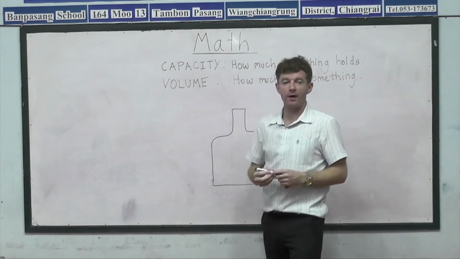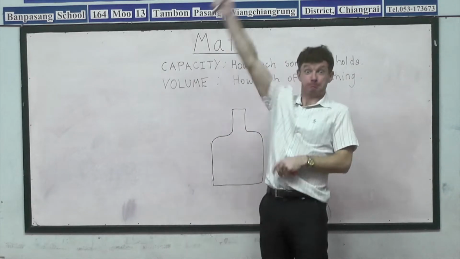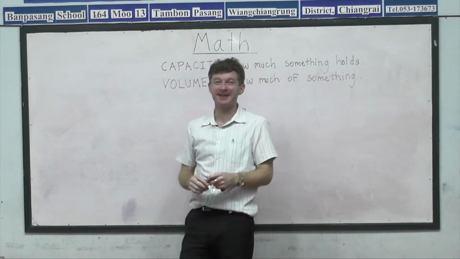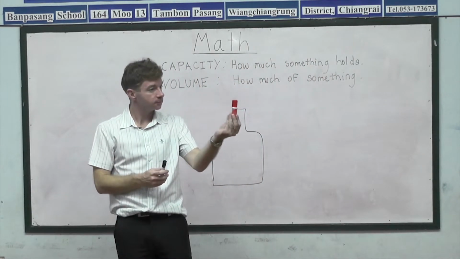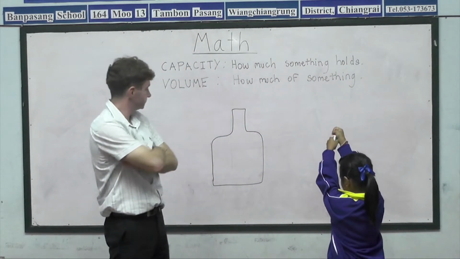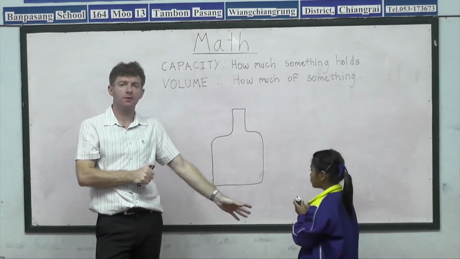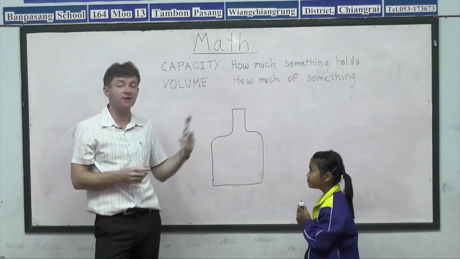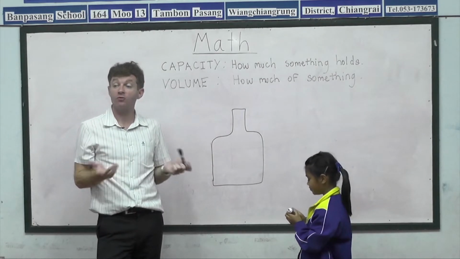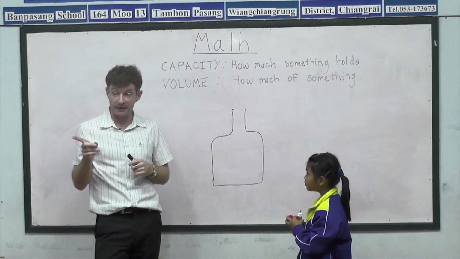Who would like to work out the capacity and the volume of the bottle? Pakbong, you come and join us at the front. Very keen. Would you like red? Okay, so we have a bottle, but at the moment, we don't have a volume and we don't have a capacity. What should the capacity be? 3 liters.